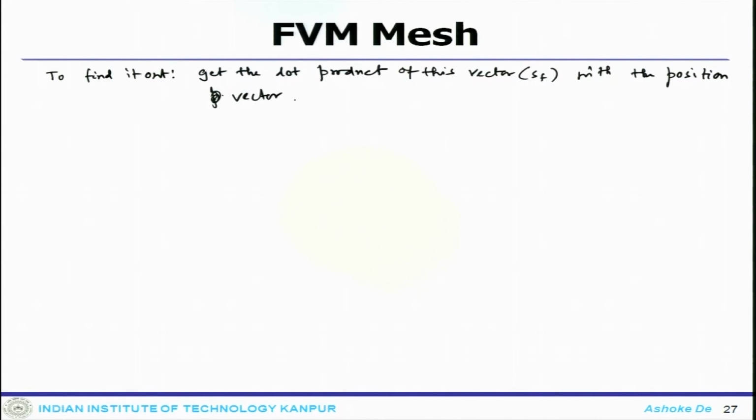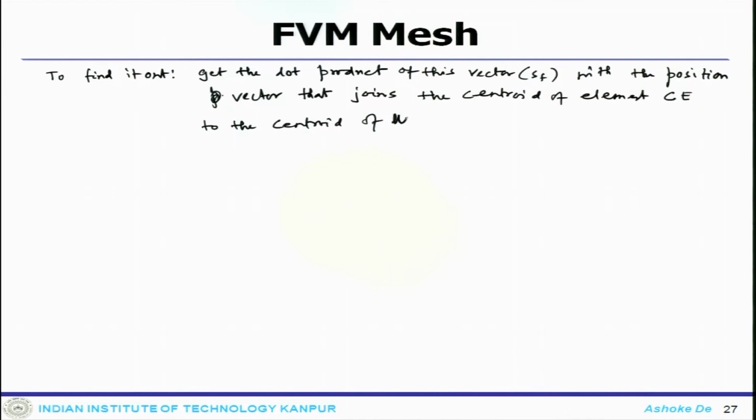The position vector is the one that joins the centroid of the element, capital CE, to the centroid of the surface, small c e.